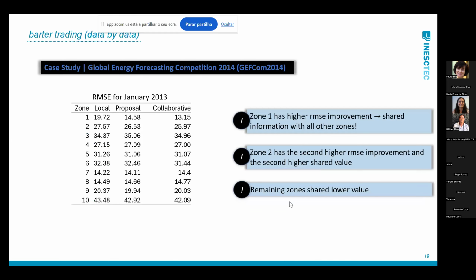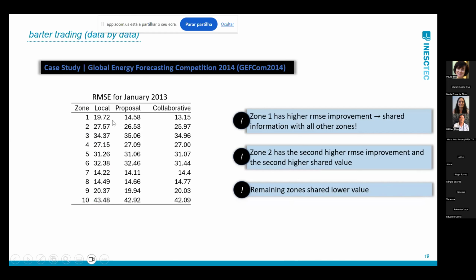Okay, regarding the wind power data set that I described before, from the 10 wind farms located in Australia, here what we see is that if zone 1 used a local model for the entire testing period of 1 year, it would have this root mean square error.